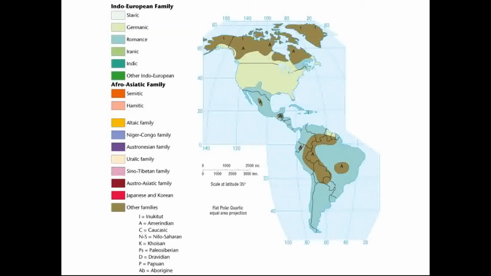Okay, so here again we're going to see just some areas of the world where different languages are spoken. So we have our Indo-European family, we have our various native families of language, which you can see here in the brown parts of the map.